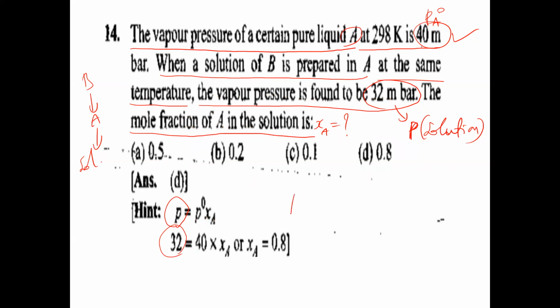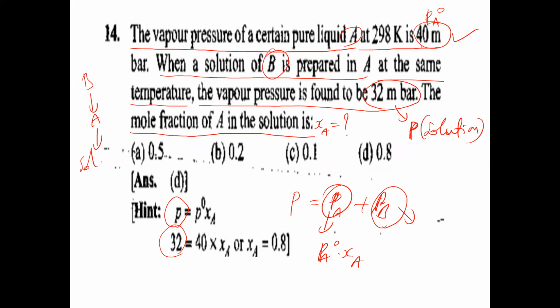Now why have we taken this? P total is equal to PA plus PB. Here PA is PA naught into XA. But here B is taken as a non-volatile solute, because PB naught is not mentioned.